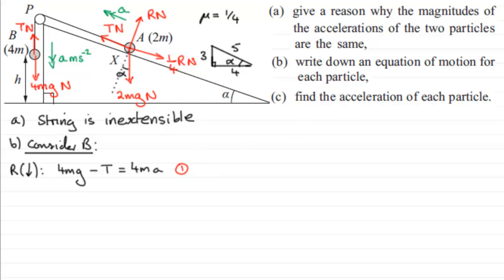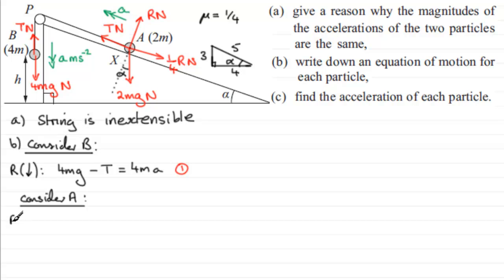Now we need to get an equation of motion for the other particle, particle A. So let's just say that we're considering particle A at this stage. I feel you ought to put some subtitle here so the reader knows which particle we're referring to. Now for this, you can see that the motion of A is up the plane. So what I want to do is resolve now up the plane.